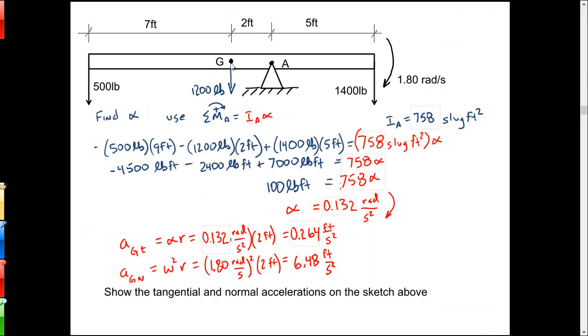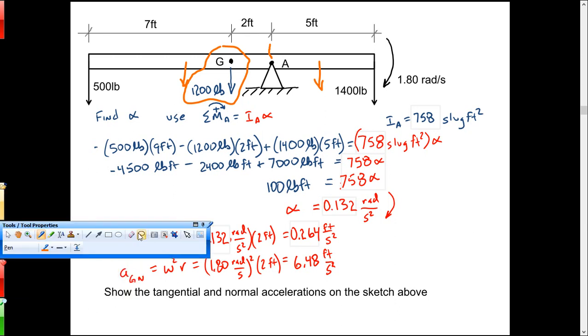All right, so I put the entire weight at the center of gravity, the 1,200 pounds at G. I've seen people, when they first start learning about this stuff, they'll want to break it in half and put part of the weight over there and part of it over here, but that's completely unnecessary. You'll get the same results by putting the entire weight at G, okay? So just proceed that way when you're working through one of these.